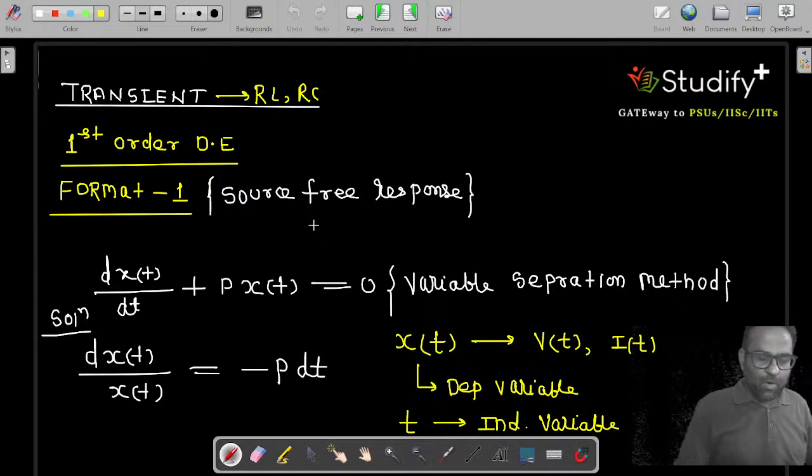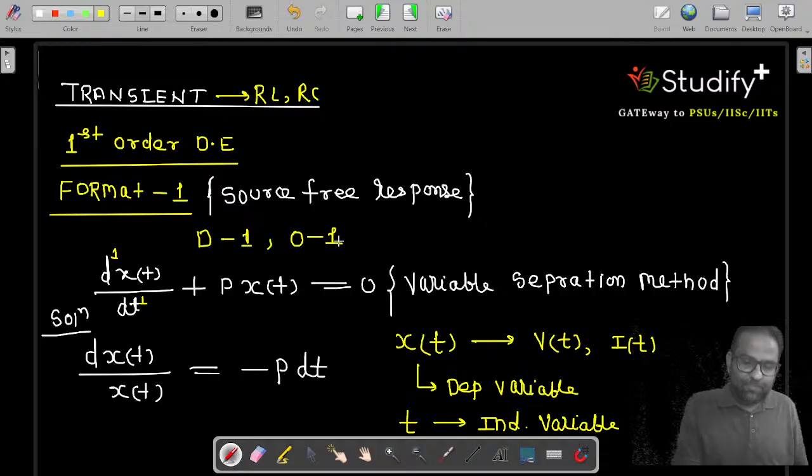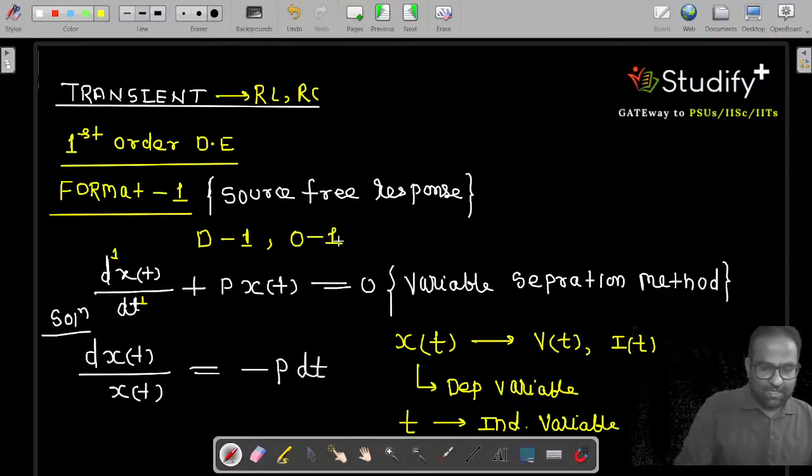This is one kind of differential equation, order 1. What do we understand by order 1? The highest differentiation available is 1. So this is a degree 1, order 1 differential equation. What is the second differential equation we have?